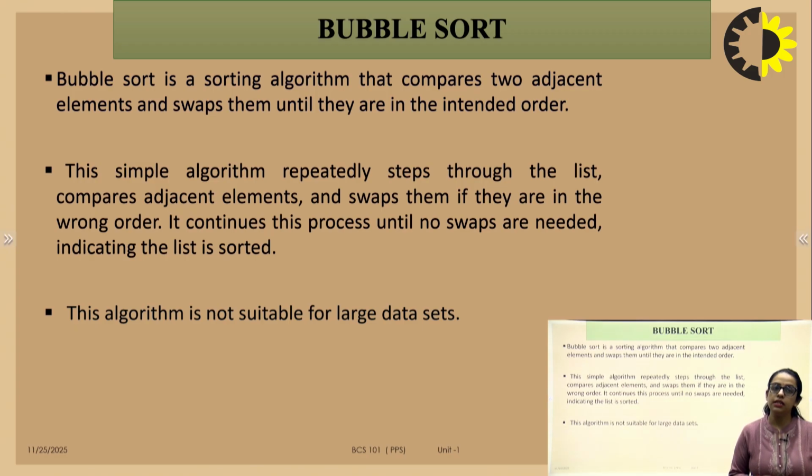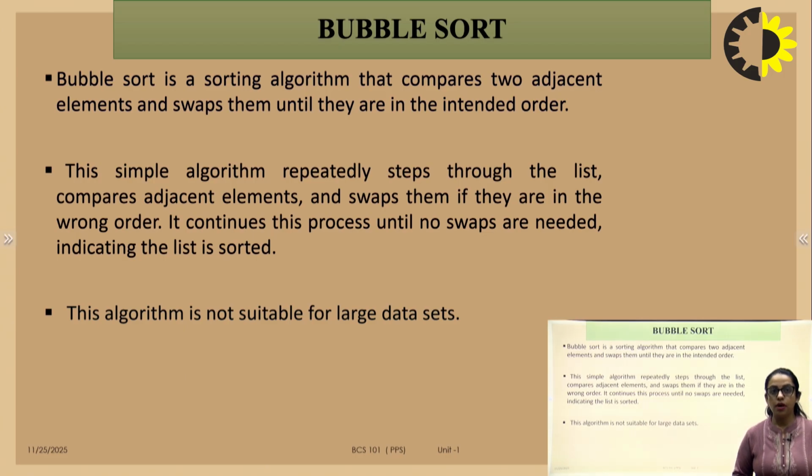Wrong order is if the first element is greater in comparison to the second element. This process continues until no swaps are needed, which indicates that the entire list is sorted by now.